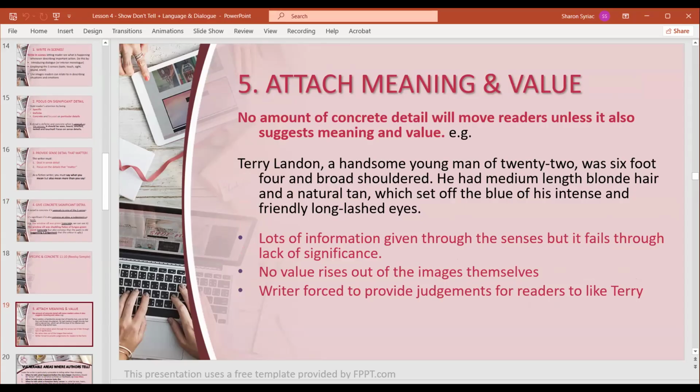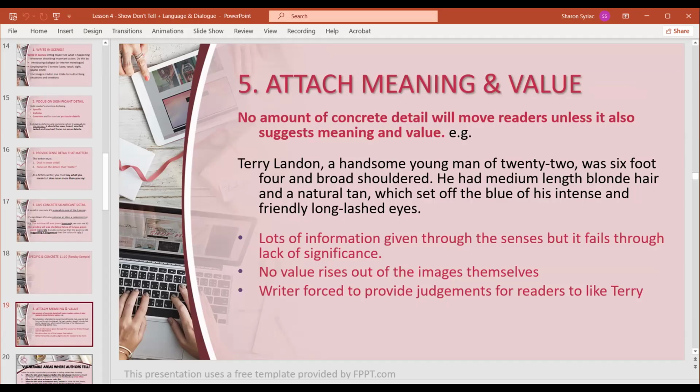Look at this sentence. Terry Landon, a handsome young man of 22, was 6'4" and broad-shouldered. He had medium-length blonde hair and a natural tan which set off the blue of his intense and friendly long-lashed eyes. Yes, that is concrete information. They use the five senses. But this is a poor description because it fails through lack of significance.